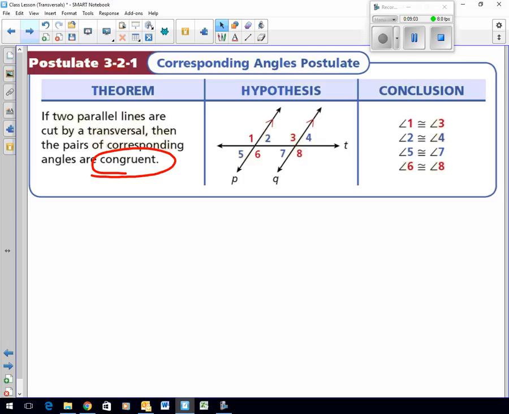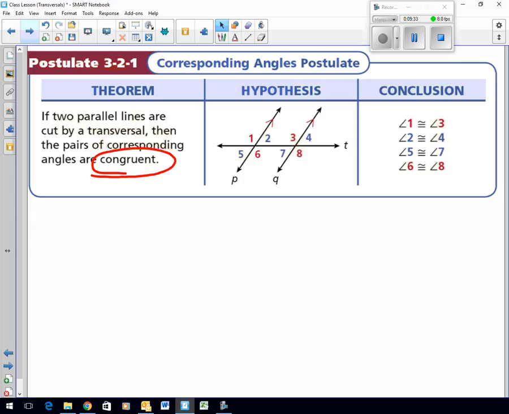Corresponding means that two angles are located in the same spot on two different sets of lines. Now that doesn't make much sense for some of us. Here's the easier way to remember it. Who's ever used a computer? How many of you know what cut and paste mean? Check it out.